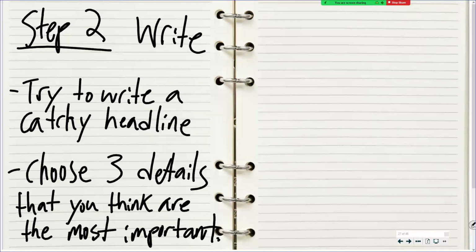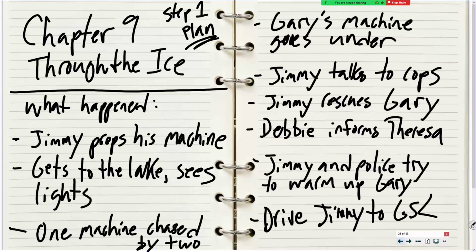So you're going to write a headline. You're going to choose 3 details. So pick 3 of these details you think are the most important, the ones that the readers need to hear. So maybe the fact that Jimmy put gas in the snow machine, it's not super important. Right? So find the ones you believe are the most important, right?